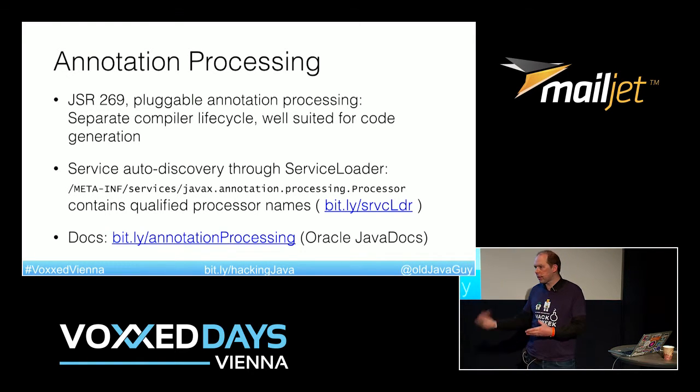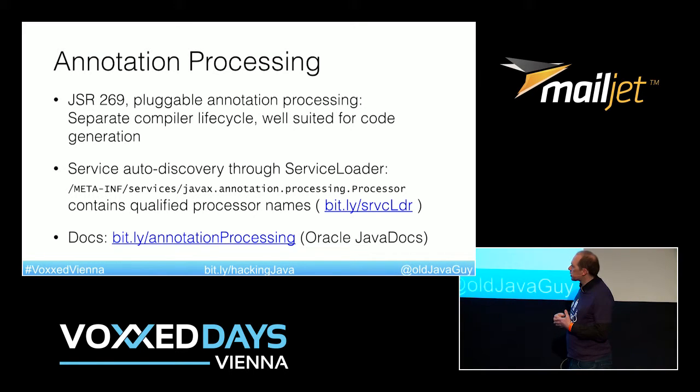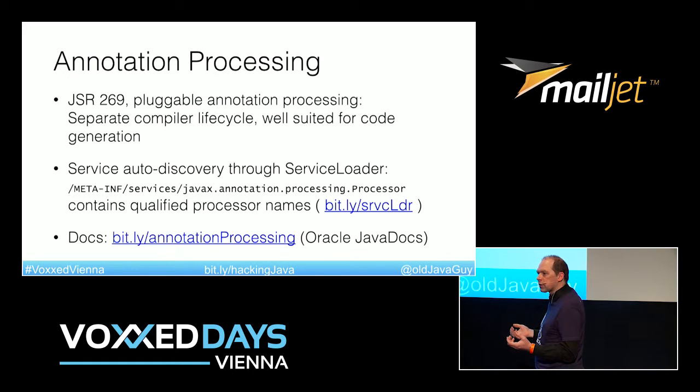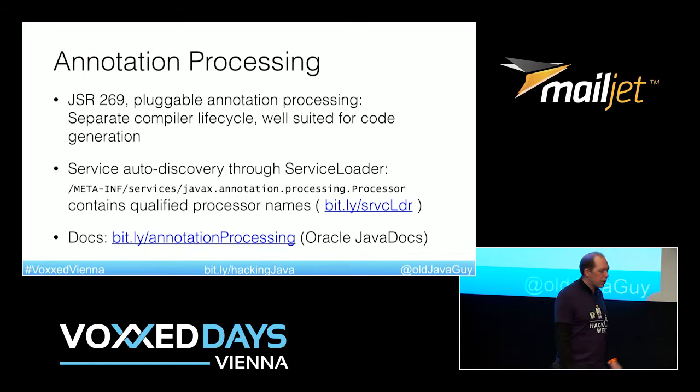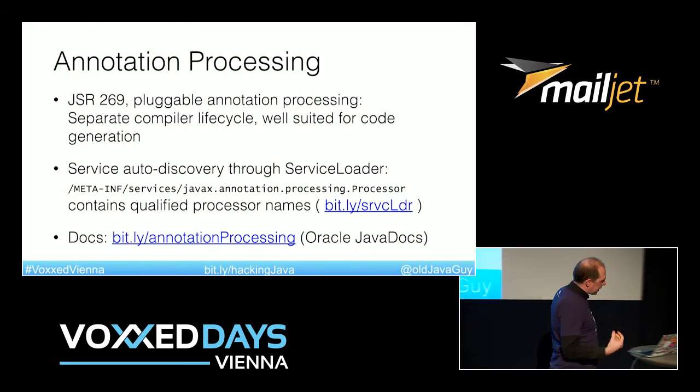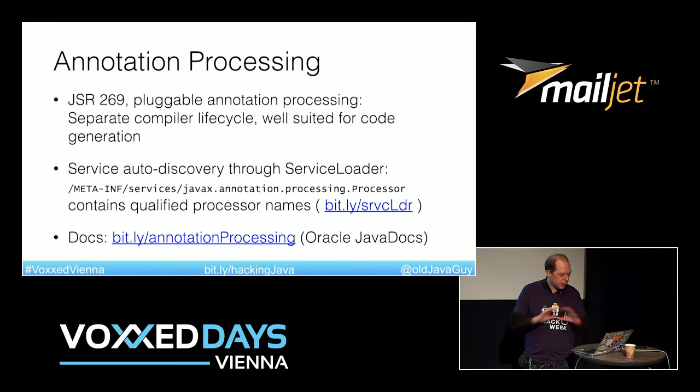So it's a separate compilation run, actually multiple runs, that run on annotations before your actual class data is processed, which leads to some subtleties about annotations. For example, annotations can only contain compile-time safe data, so you can never actually execute any code in an annotation because the annotation compilation is in a separate cycle, so it needs to be constants only.